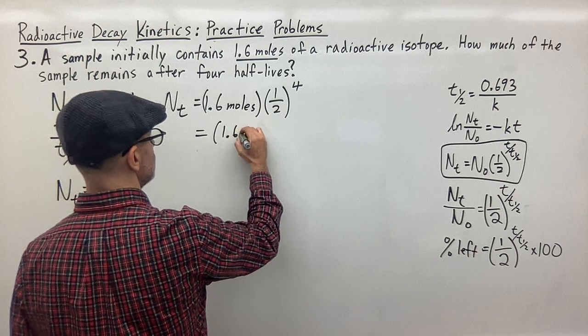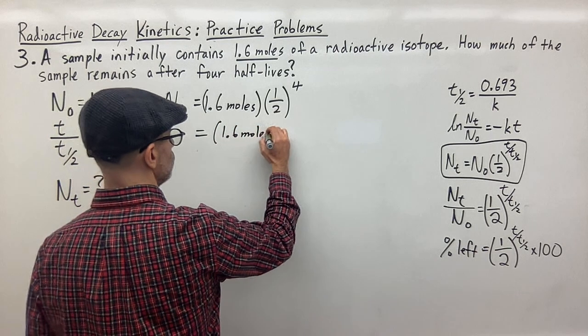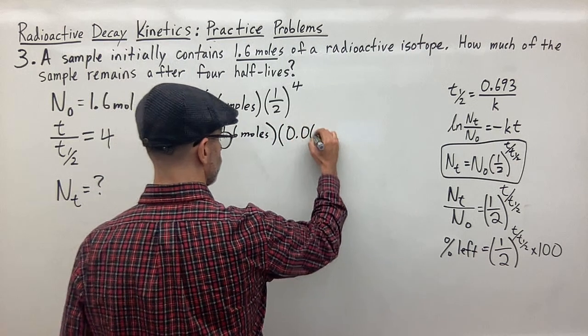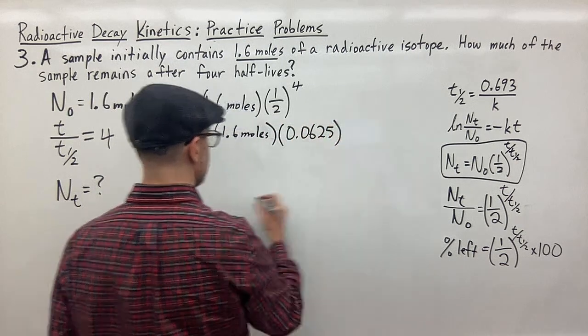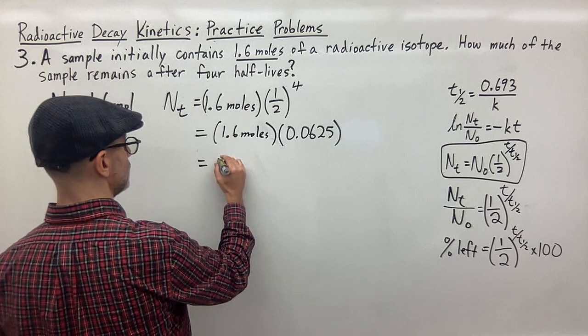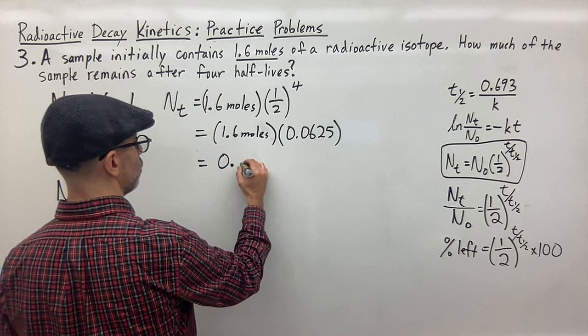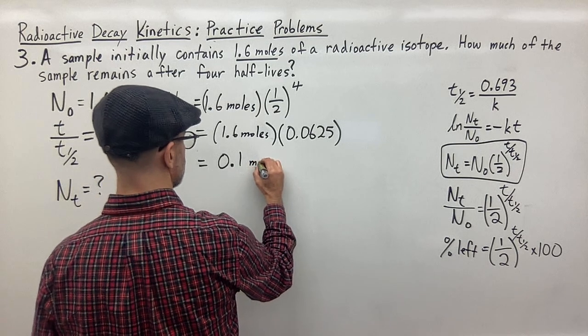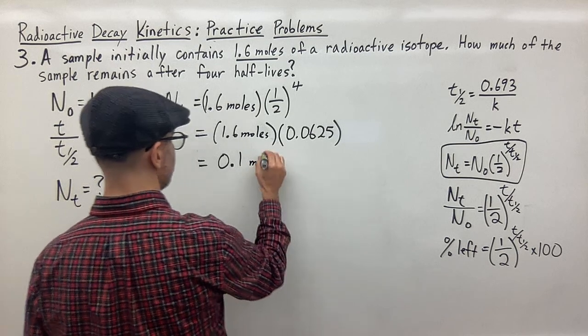So 1.6 moles times 0.0625, and when I do that, I get 0.1 moles left.